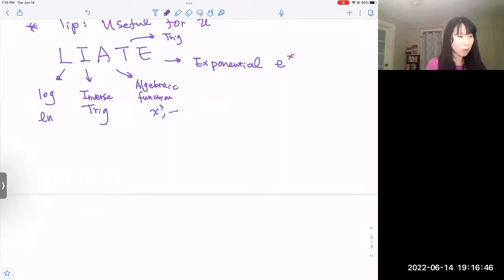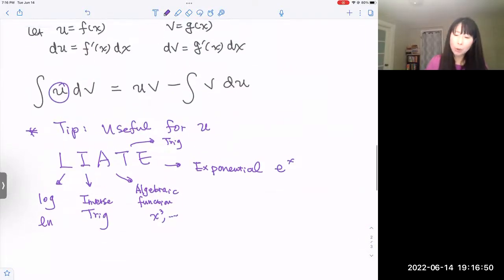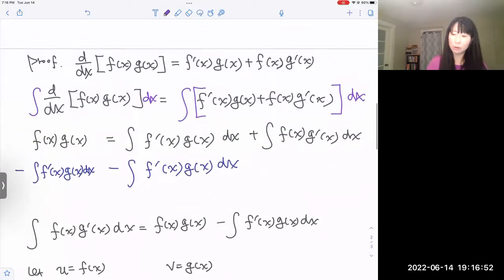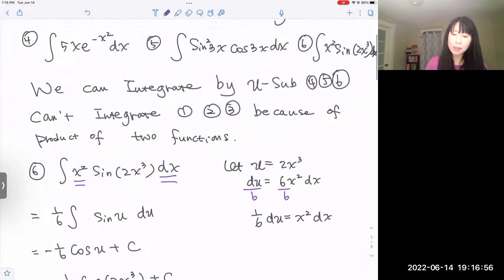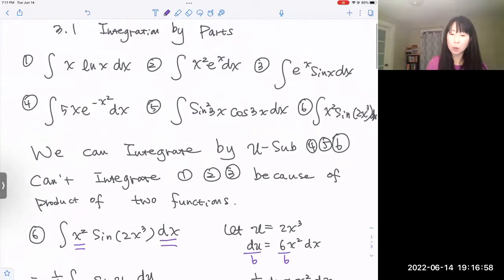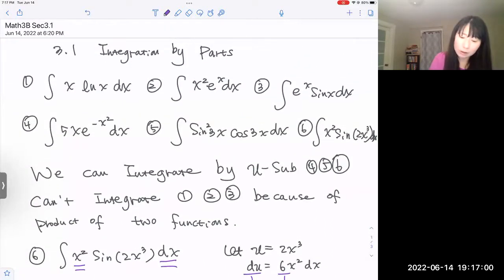Okay, then let us start easy first. So integration by parts, we have a title. Basically we integrate for products, integrate for product functions.